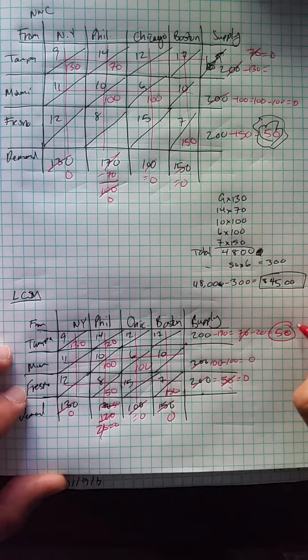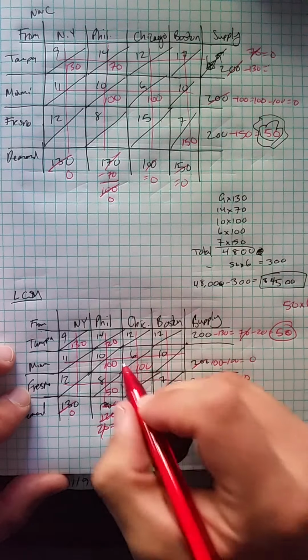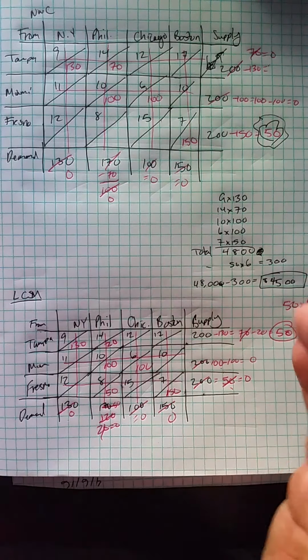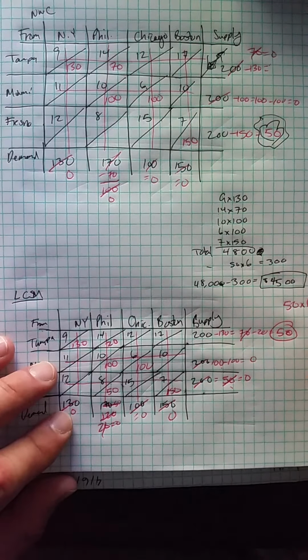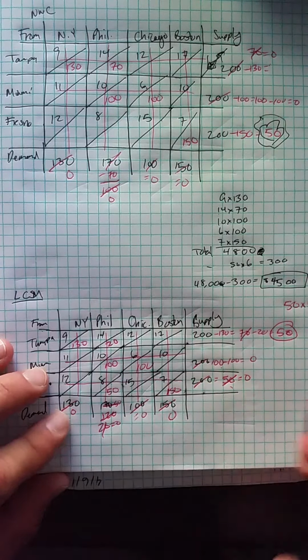And again, we're going to go ahead and multiply 50 times 6, which is the lowest priced item in this section. It's going to be 300. And we're going to go ahead and multiply every one of these.